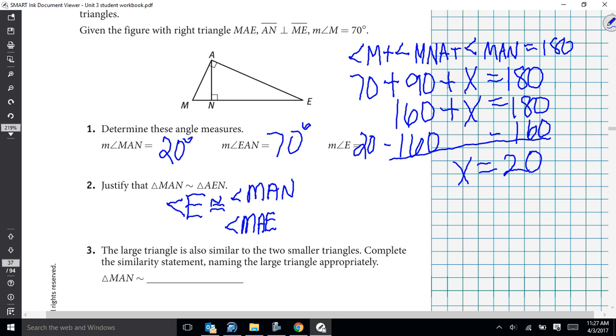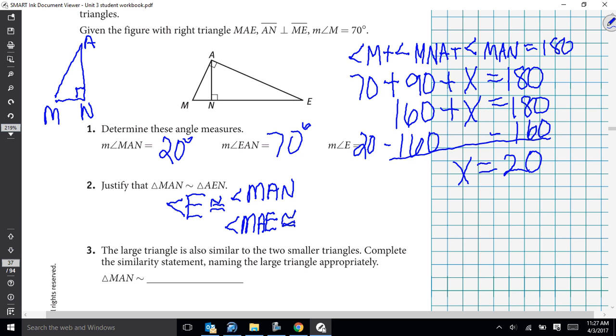Angle MAE, or angle A, is congruent to which angle in the small triangle? And sometimes it's helpful, the right angles are easiest to identify, right?